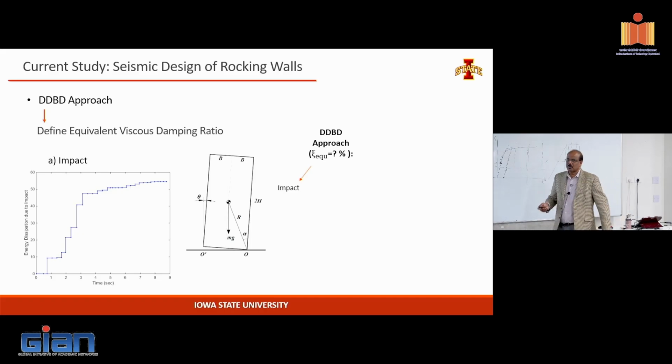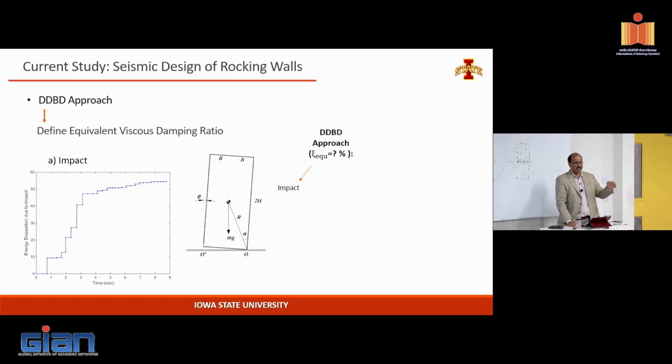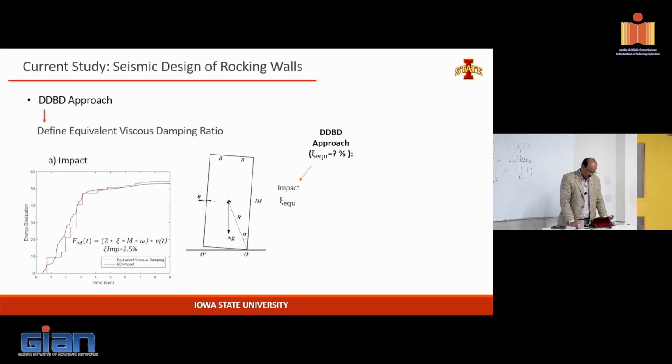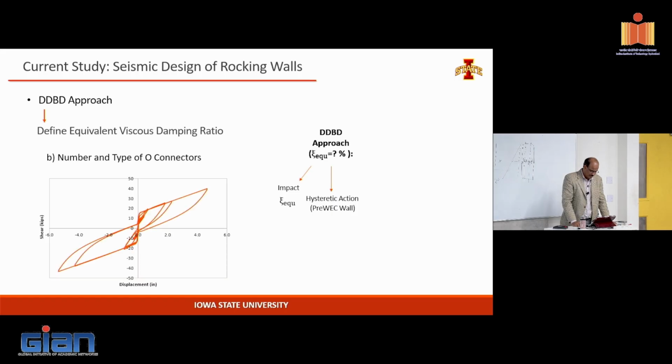So we were able to quantify, which wasn't quantified before, how much loss you could expect for these walls. That gives you your equivalent viscous damping value that you want to use for design. We made some other design recommendations as well as to how it should be done.